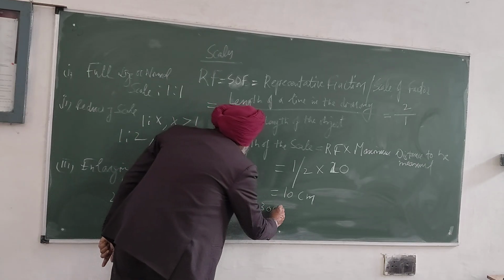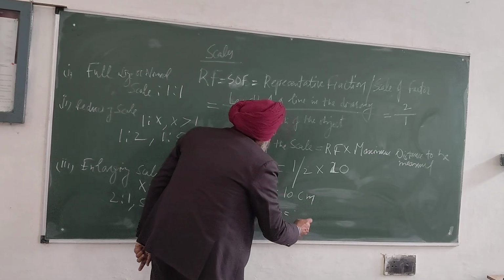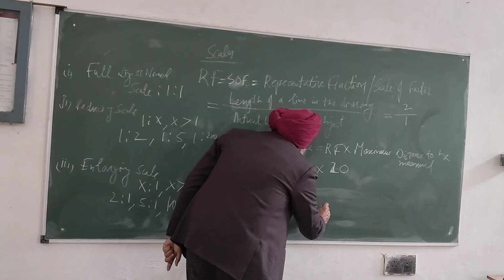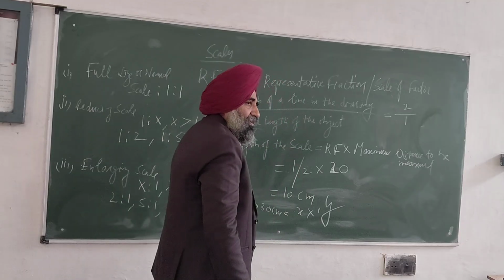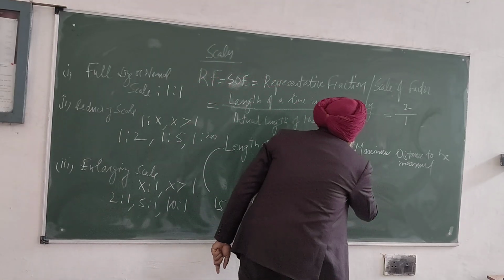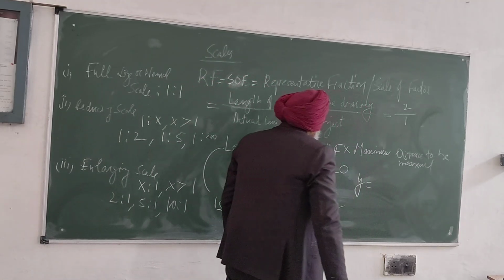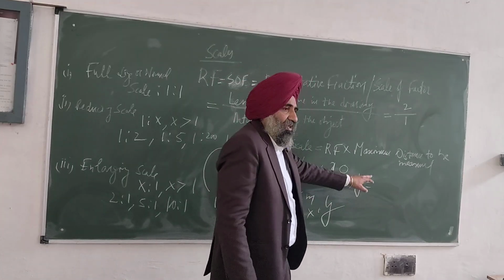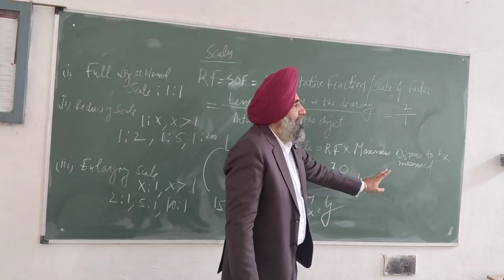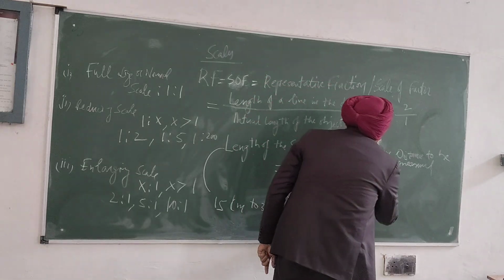You can take any value, and RF is already given, maybe X, and the maximum distance to be measured has to be calculated. Let us call it Y. So you can calculate the value of Y. You can convert this into centimeter, meter or kilometer, depending on the requirement.